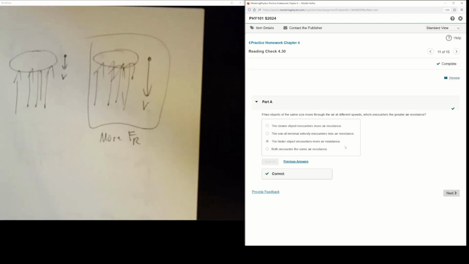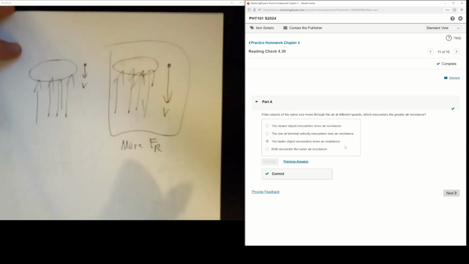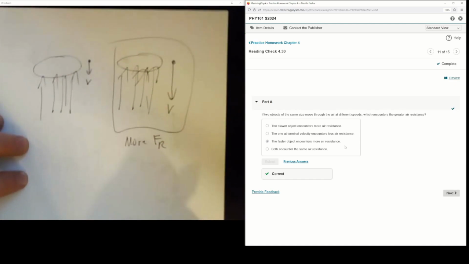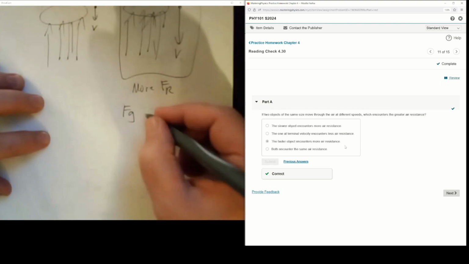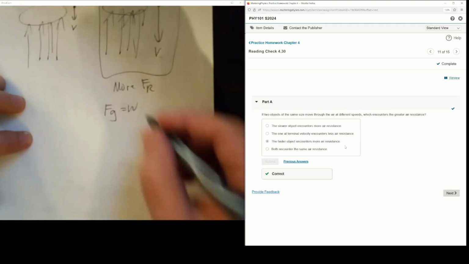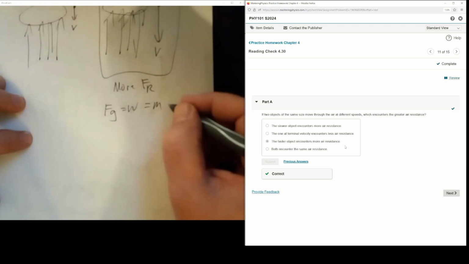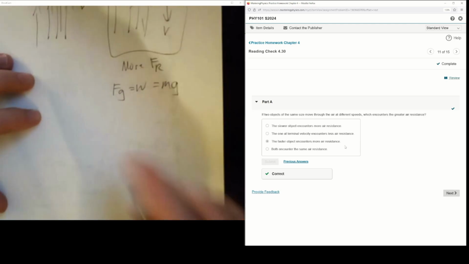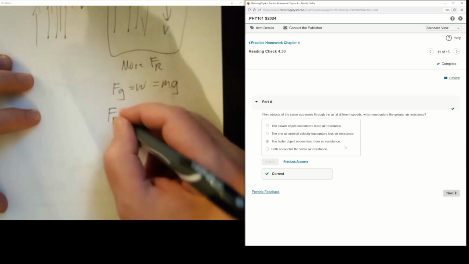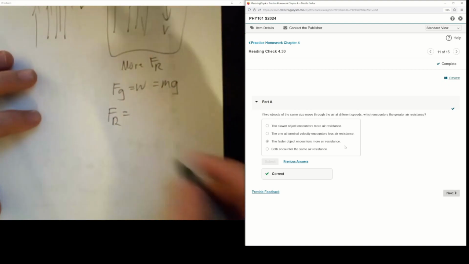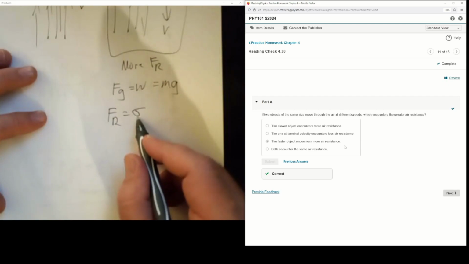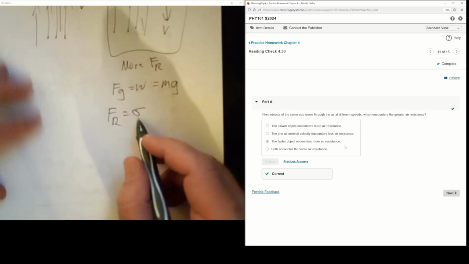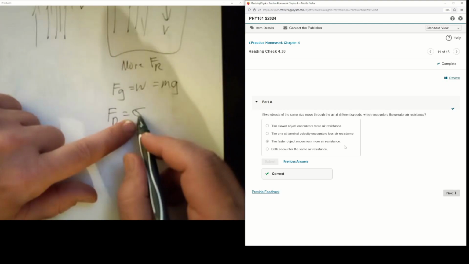I just feel compelled to say this. I mean, this isn't in the homework or anything, but the force of gravity, which we commonly call weight, is equal to mass times gravity. The force of air resistance is equal to this number that's proportional to many things. Part of this is your surface area.